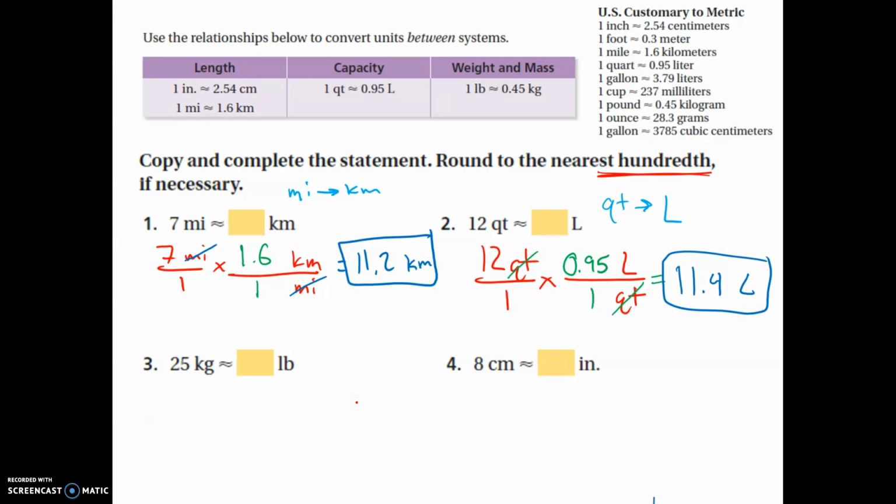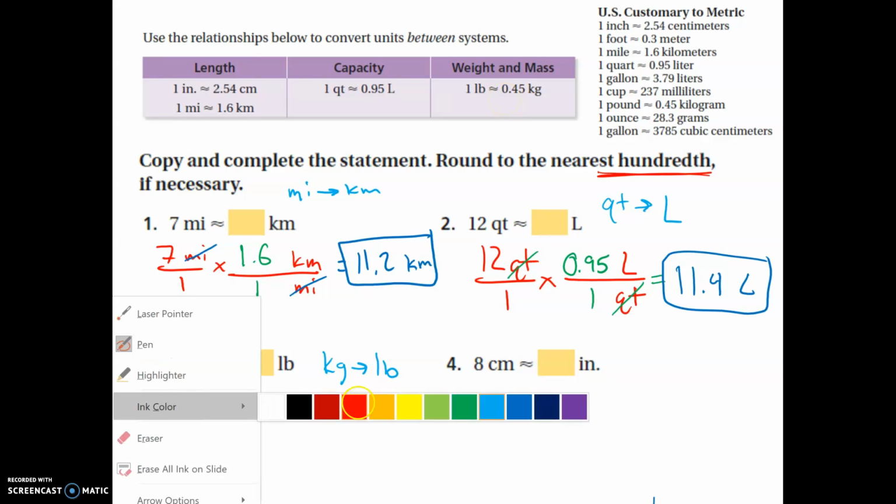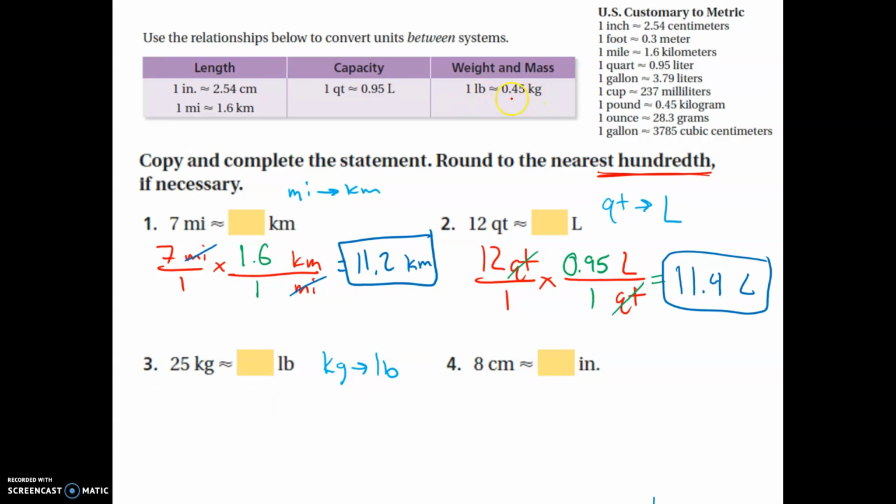Okay. So as we look at number 3 and number 4, they're going to be set up a little bit differently. I just want you to keep that in mind as we set these problems up. So I'll do number 3, and then I want you to try number 4 on your own. This one's going to be kilograms to pounds. So now we're over here with weight and mass. And we have a conversion factor for pounds to kilograms, or kilograms to pounds, doesn't matter.